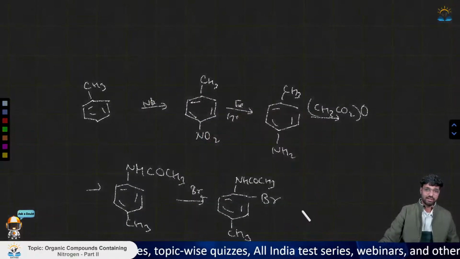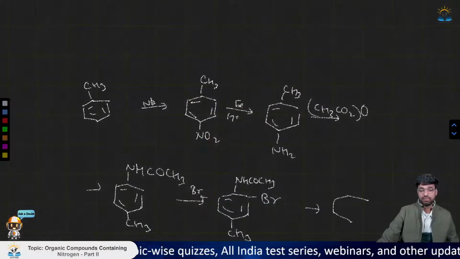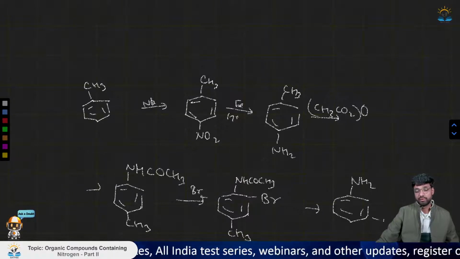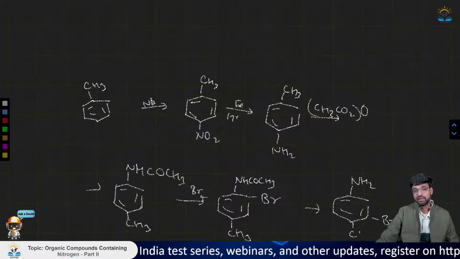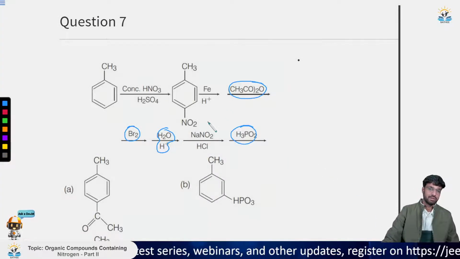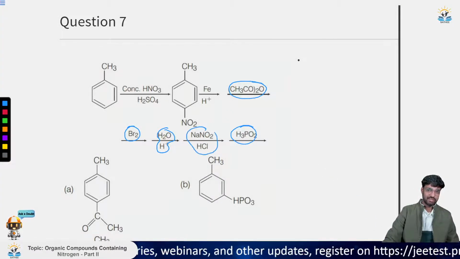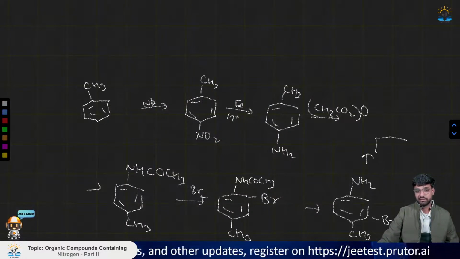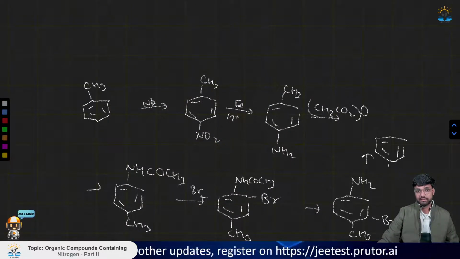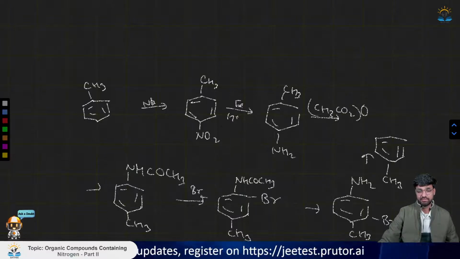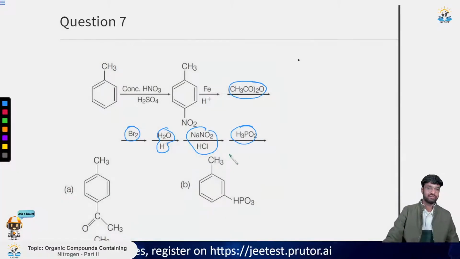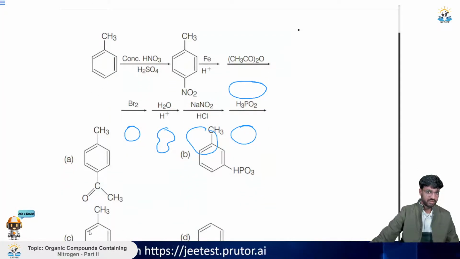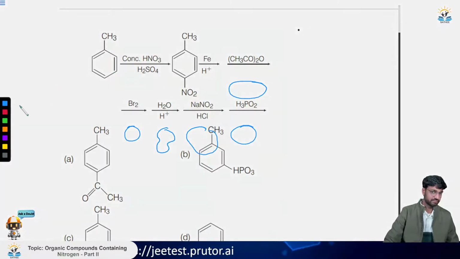Then we do our hydrolysis to simply remove this group as a whole. Bromine here also, again CH3. At last we do the diazotization and we remove using H3PO2. Then finally you will get CH3Br. So this is the final product that we have. So this is the correct answer, that is C1.